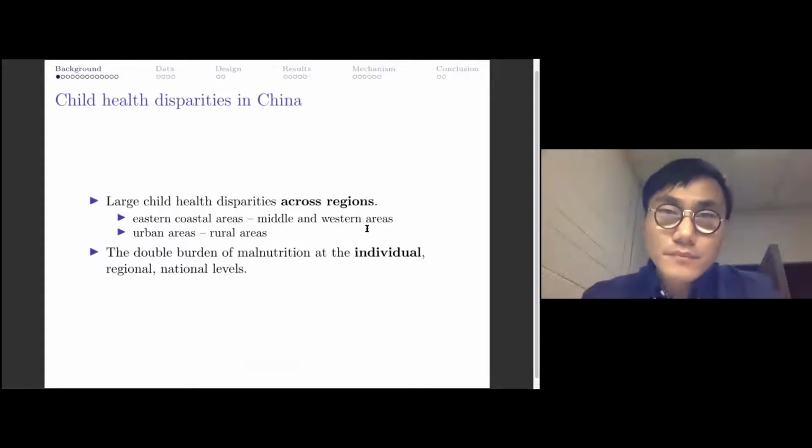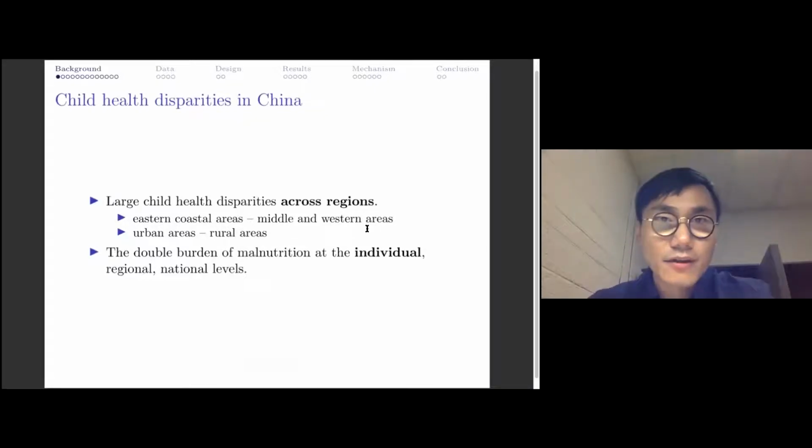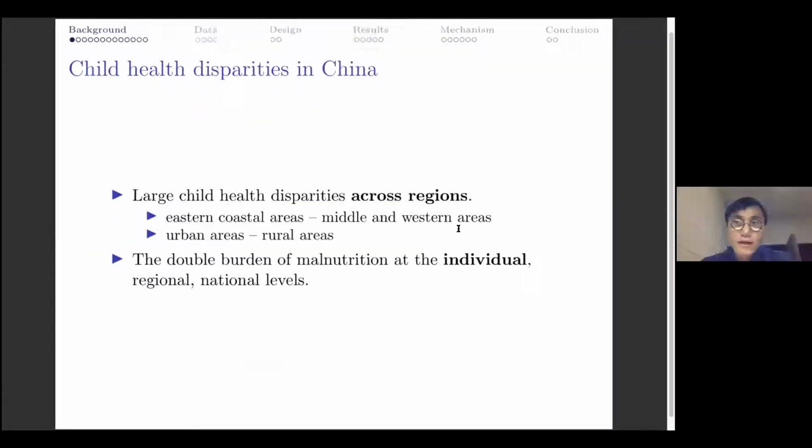When talking about child health in China, one of the big pictures is that there are huge disparities across regions. A typical divide is the eastern coastal area versus the rest of the country. Another typical divide is urban versus rural areas.